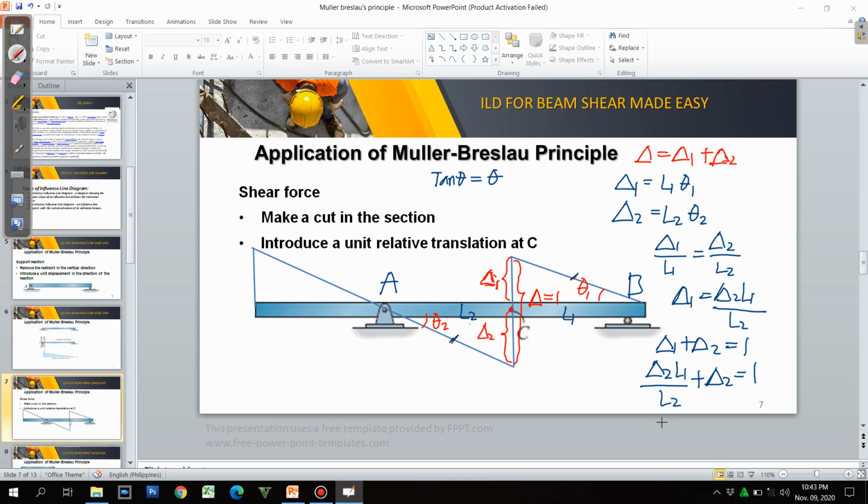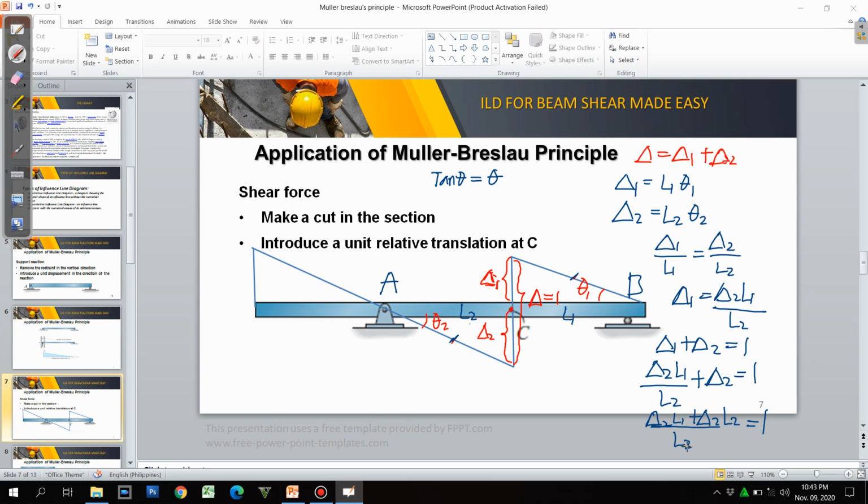And then we get the LCD. LCD is L2, so we'll just have to copy the first term. And then this is delta 2 times L2 is equal to 1.